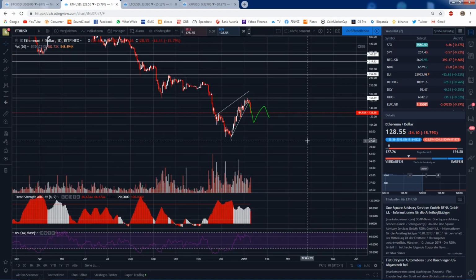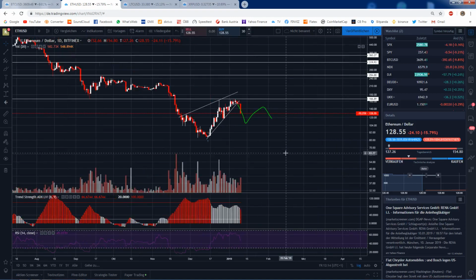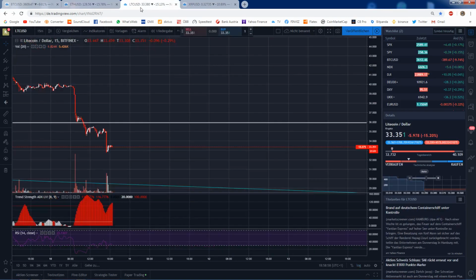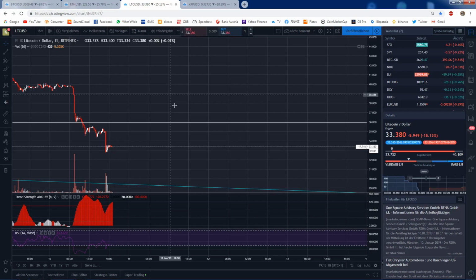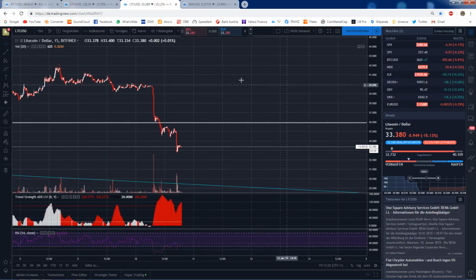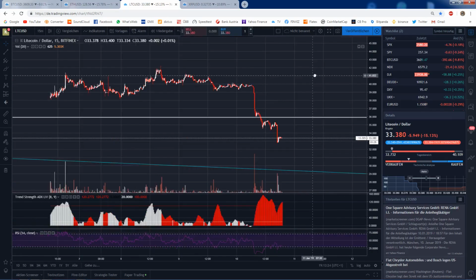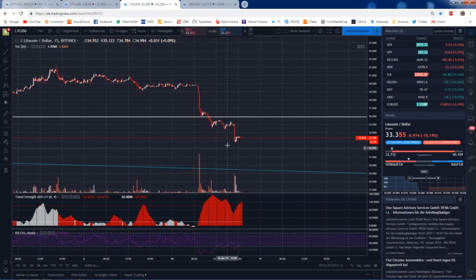So I might do a little bit of trading on Ethereum, and this is Litecoin, with very similar price movements percentage wise.